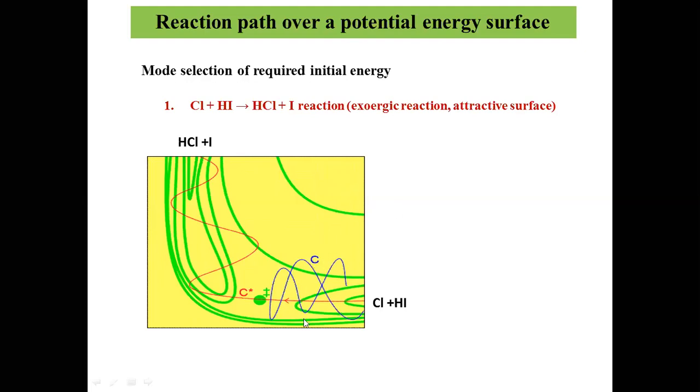Now if you look at this trajectory, it gives that if I want to have a reaction, and this trajectory represents a motion along this, that means this is going to be a kind of translation motion. So higher energy in the translation mode. Translation is going to look at the red curve, which is the trajectory.